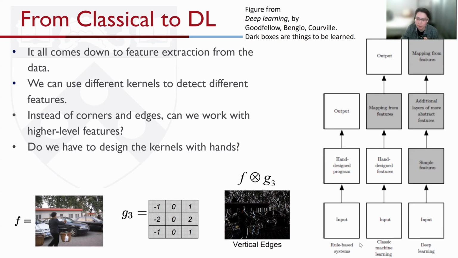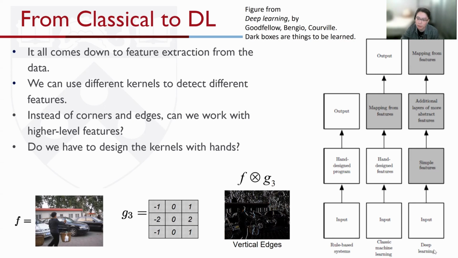We can see from here, if we are using a rule-based system, we have to design everything. We have to hand design the whole program. And if we use classic machine learning algorithms, we still have to hand design the features, but we can use a machine learning algorithm that uses the combination of these features to learn a certain detection method.